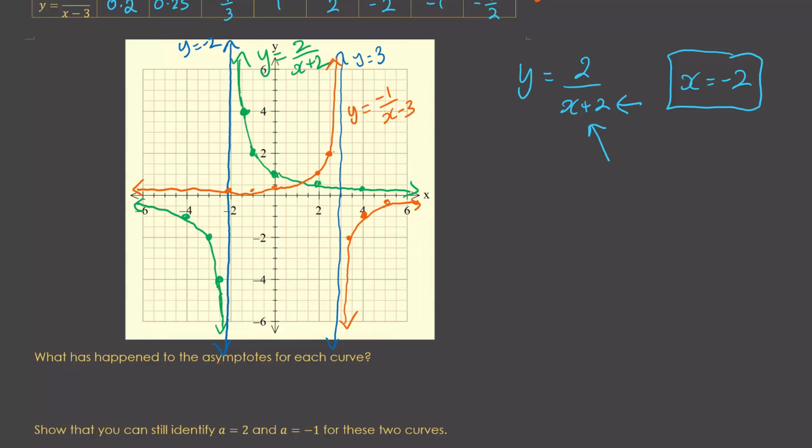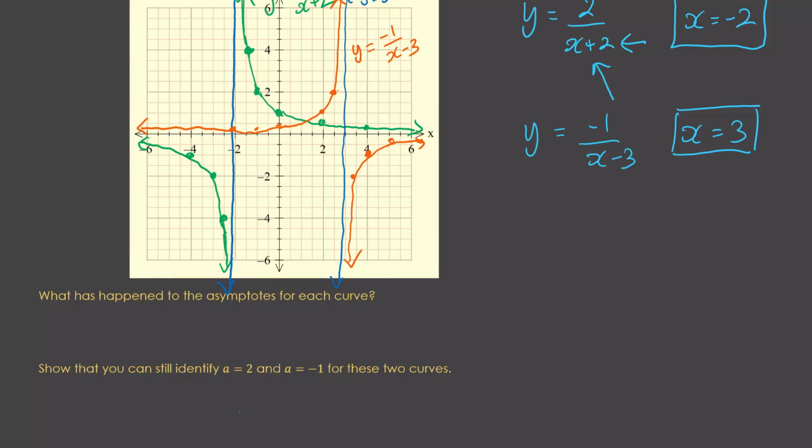And you know you're never allowed to divide by 0, which is why we get an asymptote there. Y is -1 over x minus 3 has x equals 3 as its vertical asymptote. And once again, 3 is the value that would make x minus 3 equal to 0.